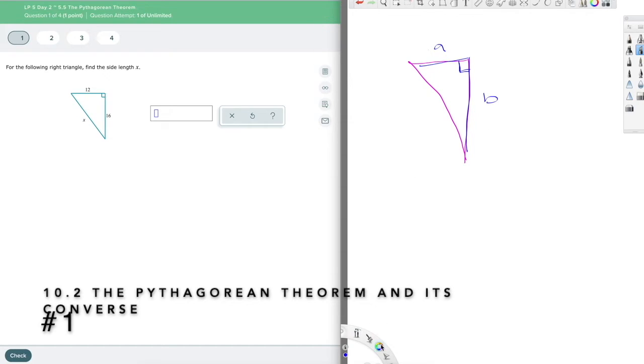Across from the 90, the side that's across, that's not one of the legs, is the C. That does matter. That has to be the C. And we call this the hypotenuse. So we have the legs and we have the hypotenuse. So hypotenuse, hopefully I spelled that correctly. Looks like I did. And then we have the legs here. So we have leg A and leg B.